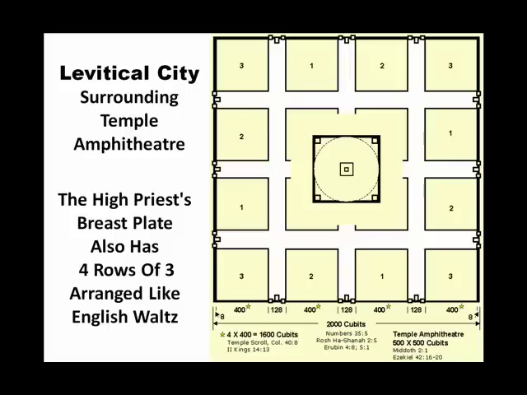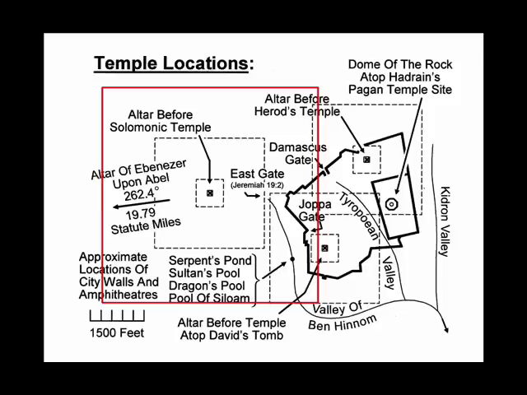And the temple amphitheaters, 500 by 500 cubits, are found in Middot 2:1 and Ezekiel 42:18-20. Here we have the suburb walls shown in red.